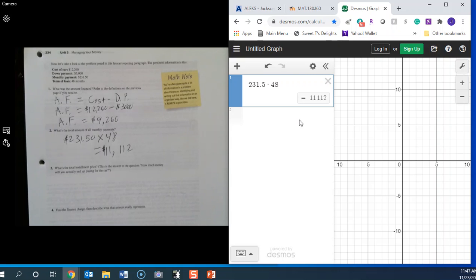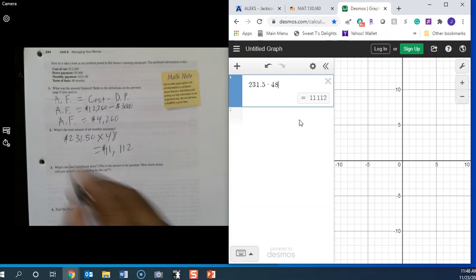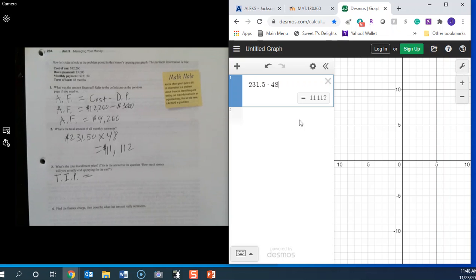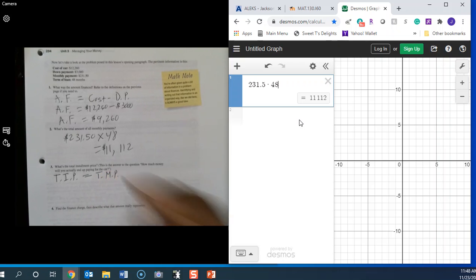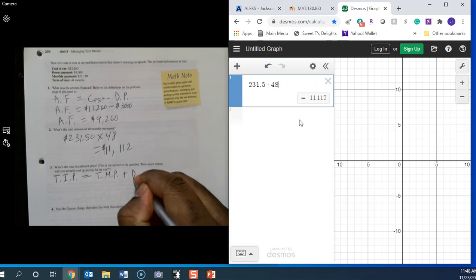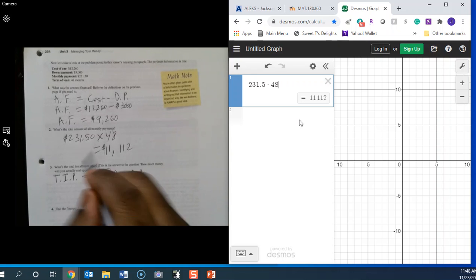Okay, number 3. What's the total installment price? This is the answer to the question, how much money will you actually end up paying for the car? So the total installment price, which I'll abbreviate as TIP, is equal to the total monthly payments, TMP, plus the down payment. I should have put this here.